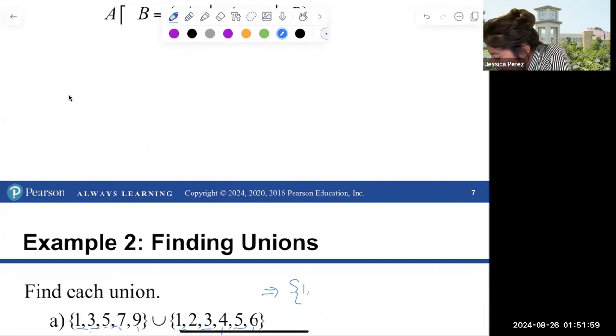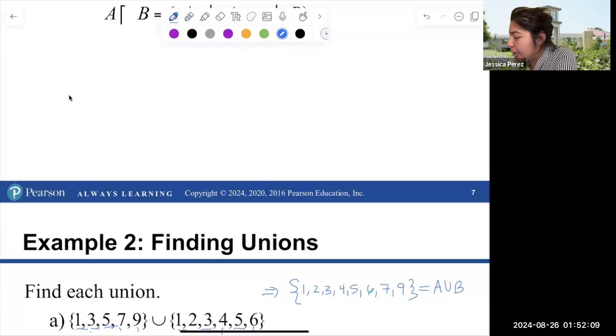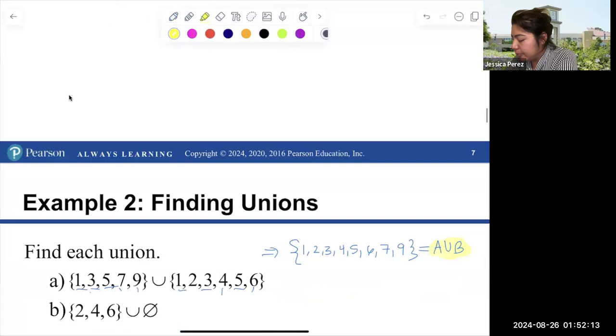So you could have a 1, a 2, a 3, a 4, a 5, a 6, a 7, and a 9. This is A ∪ B. Now look at the U, it's backwards. Now, what about 2, 4, 6 or the empty set?